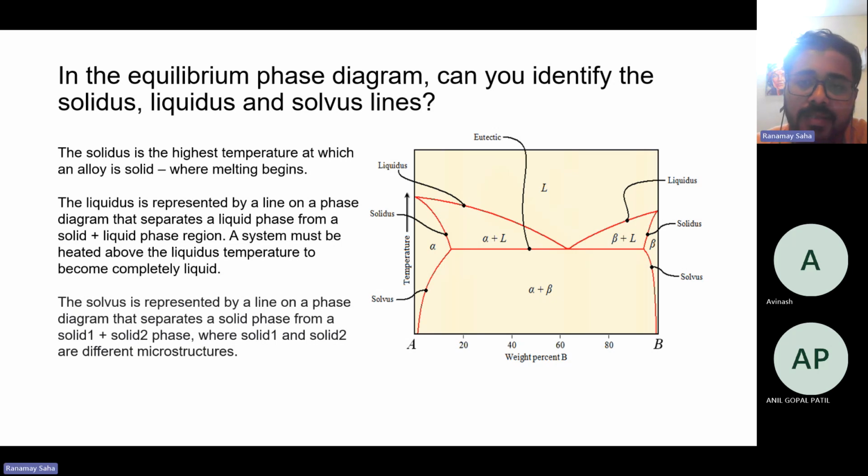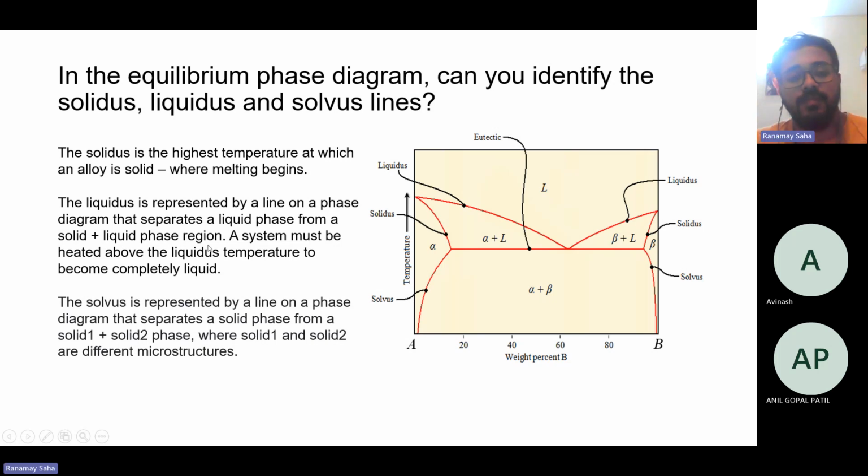And then there is a liquidus line like this, which distinguishes a liquid phase from a liquid and solid phase. For example, here you can see alpha and L. Alpha is a solid phase, L is a liquid phase. Here is beta and L. Beta is a solid phase, L is a liquid. So liquidus is represented by a line on a phase diagram that separates a liquid phase from a solid plus liquid phase.